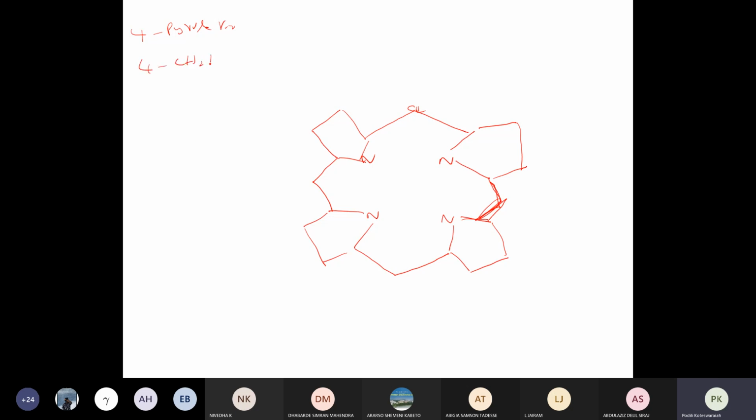One methyl group is here, CH3, one here, CH3, another here, CH3, and one more here, CH3. 1, 2, 3, 4, for the sake of understanding.